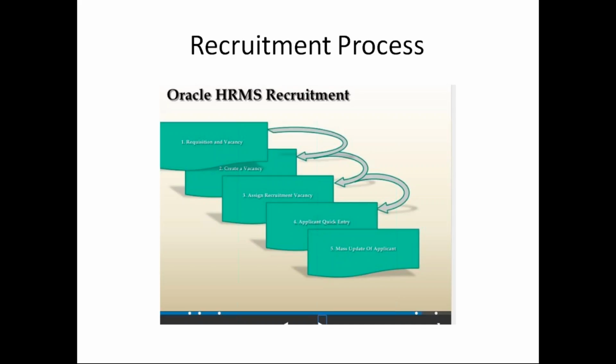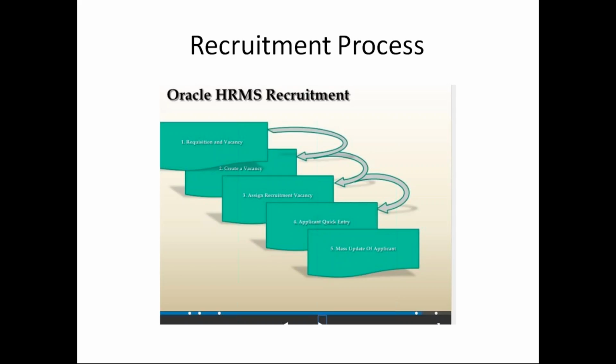We need a finance manager, 2 people, accountant, 2 people. Likewise, if it is the purchasing department, we need 3 purchase officers. They get the approval from their department head and send it to the recruitment department, the HR department. Then they start the recruitment process.